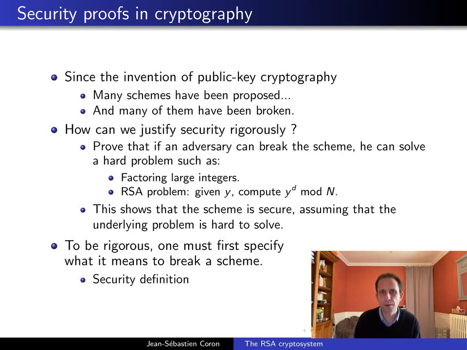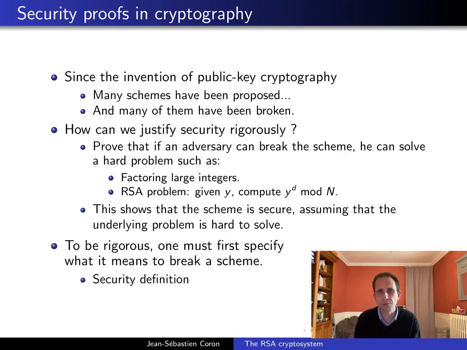So the problem of inverting RSA is, given a challenge y, to compute y to the power d modulo n without knowing the private key, of course. And in that case, if we can prove this reduction, then this shows that the scheme is secure, assuming that the underlying problem is hard to solve.